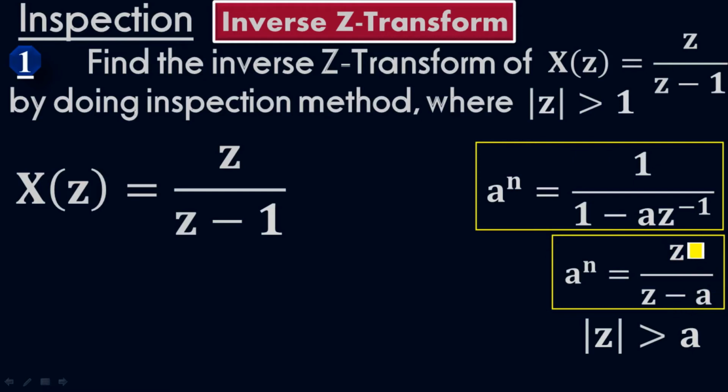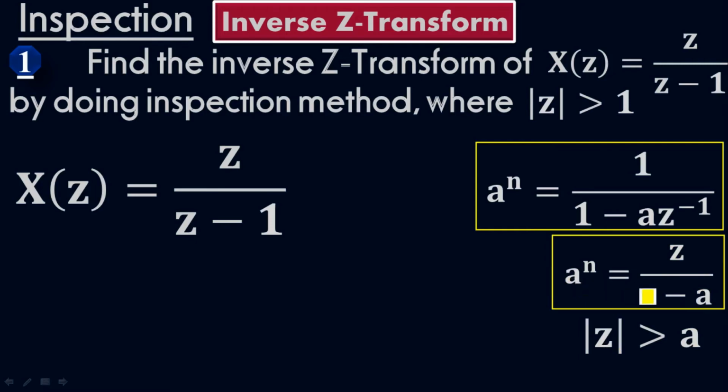So z/(z-a) is the Z-transform of a^n, according to the standard result. If you forgot what the standard result is, we have a complete section about the standard results. So a^n equals z/(z-a), where the region of convergence says that |z| must be greater than a. It is for a right-sided sequence, because a is positive. If a is negative, it will be a left-sided sequence.